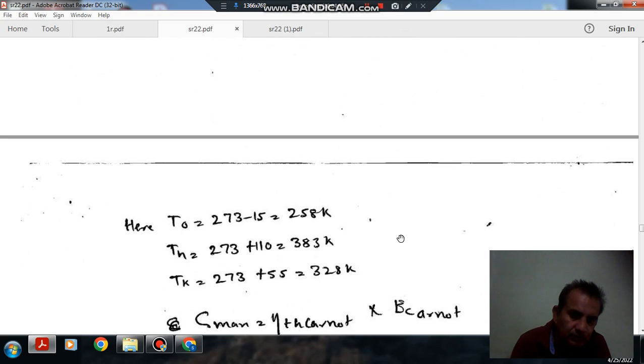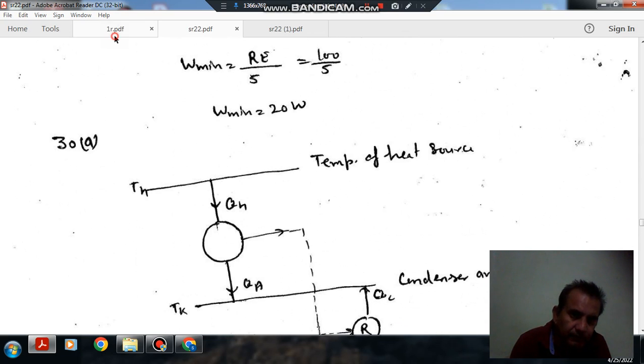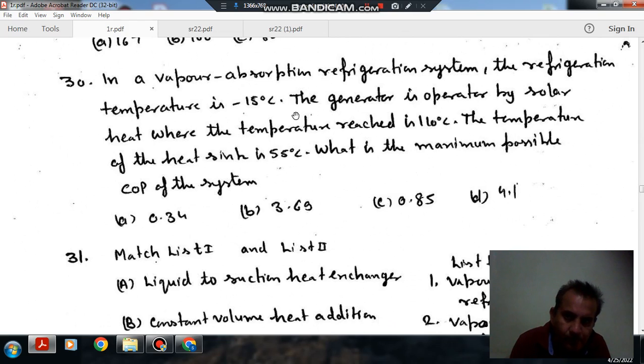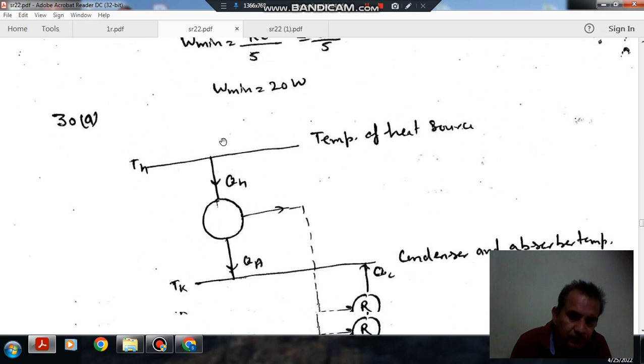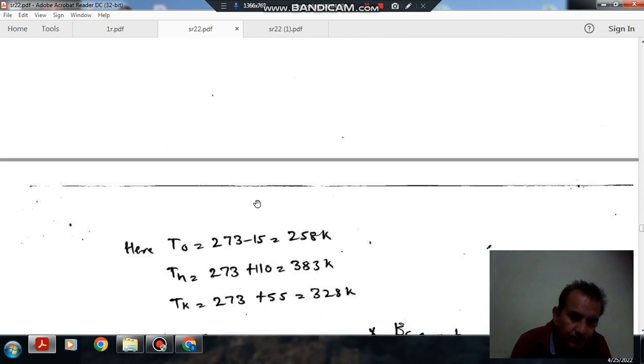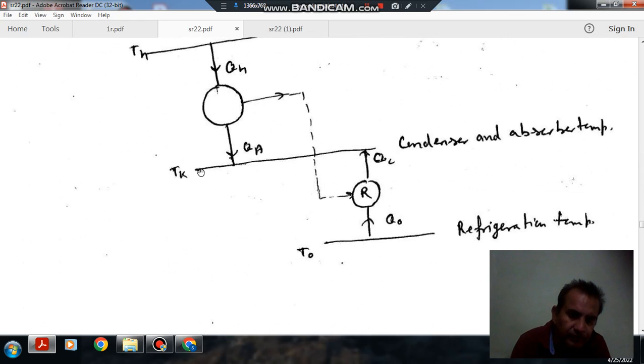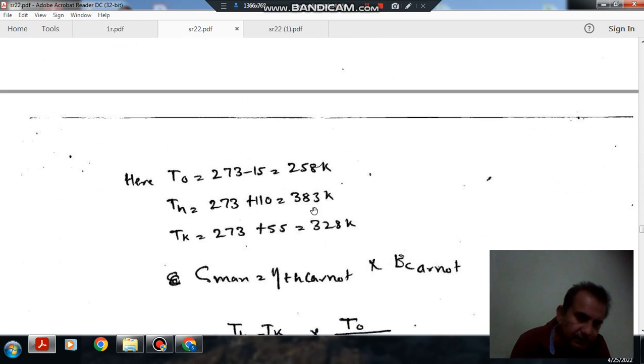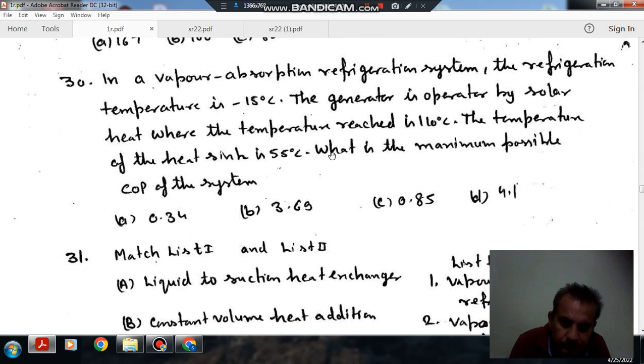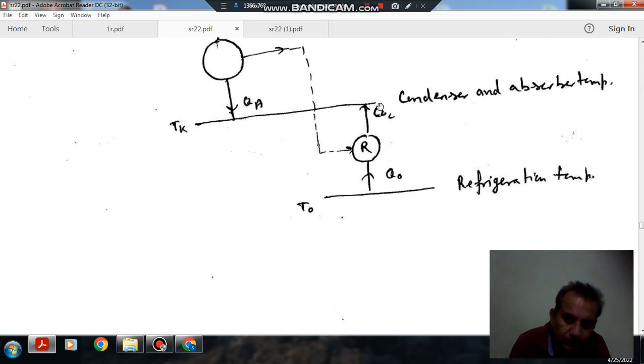So here it is given that the temperature generated is 110 degrees Celsius. TH, the highest temperature, is 110 degrees Celsius, that is 383 Kelvin, and the temperature of the heat sink is, so sink here is this, because heat is ejected from both the engine and refrigerator to this.